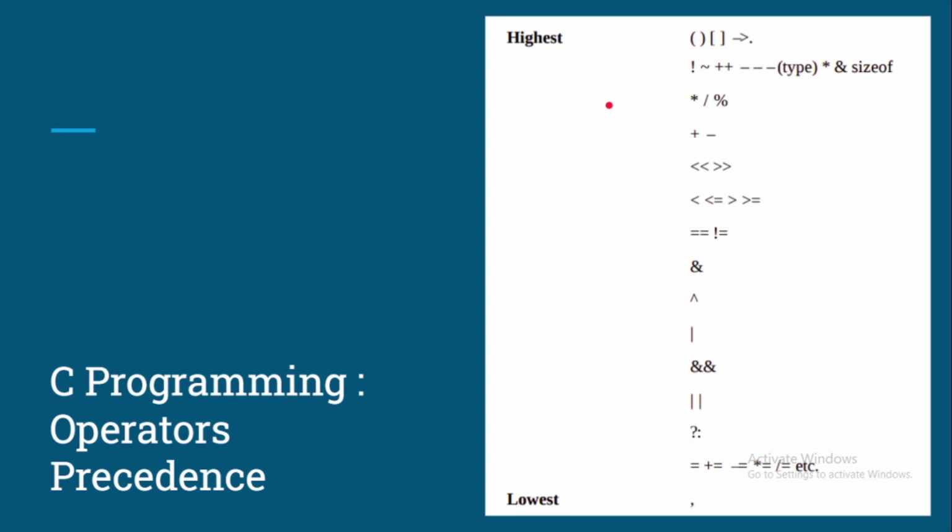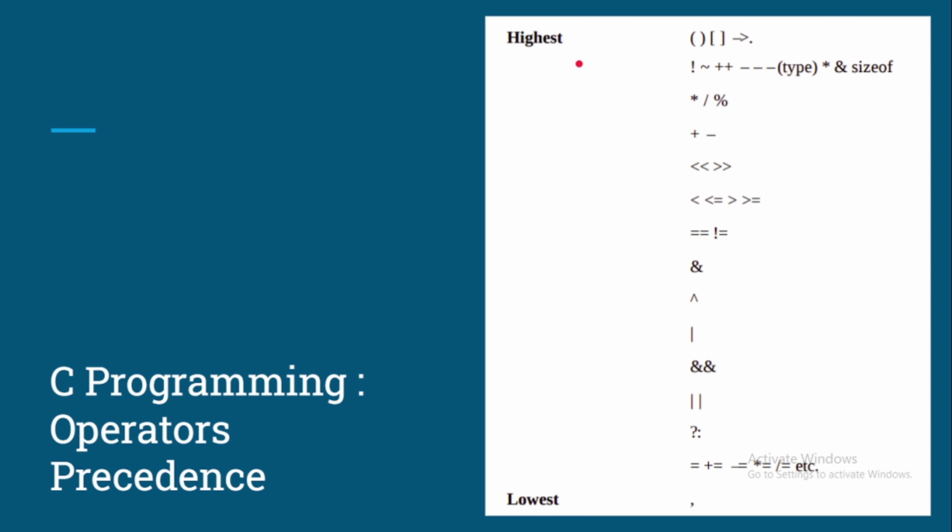In simple words, which operator or symbol is on priority, or what is the priority list of a compiler to do a calculation based on the operators? Which operator will be calculated first, and which operation will be done first if we have a sequence of operations in our expression? So that is called operator precedence.